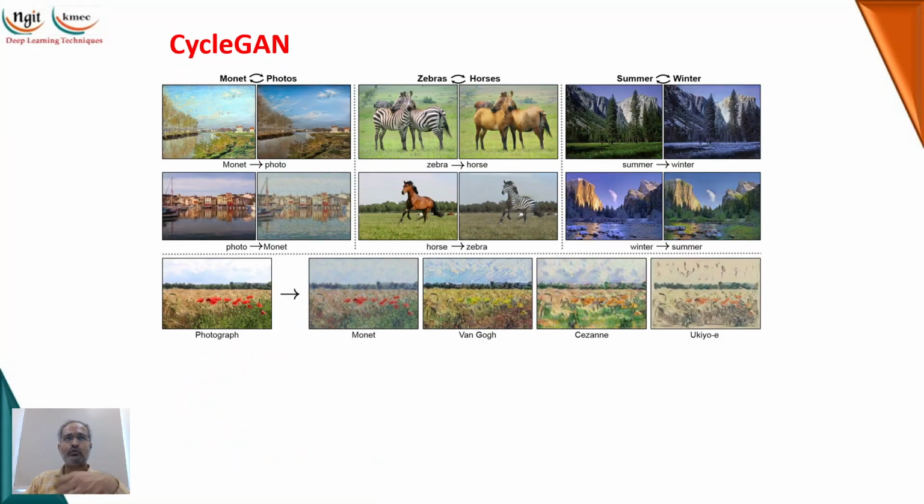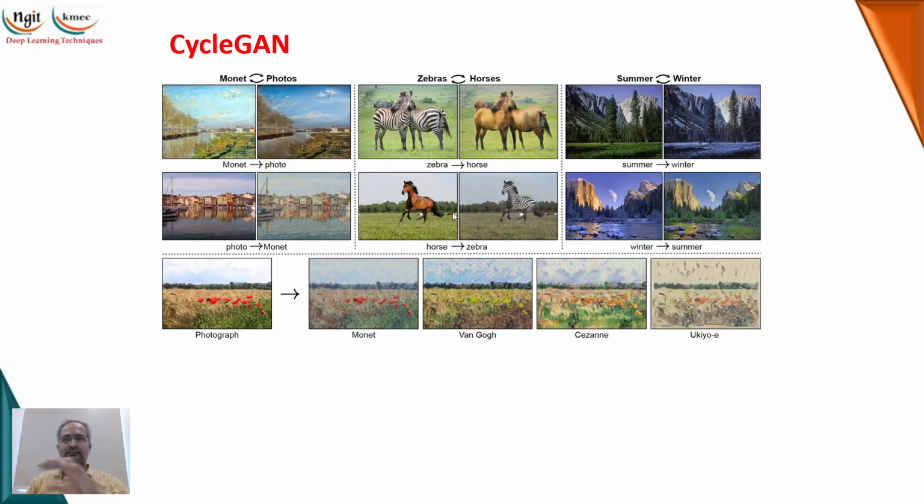CycleGAN, I am just showing the figures. See here, we take this figure and it is converted into this. If you take a zebra, it will be converted into a horse, and if you take a horse, it can be converted into a zebra. If you take a painting, it can be converted into a realistic photo, and if you take a photo, it will be converted into a painting.